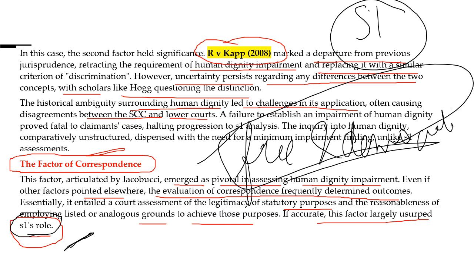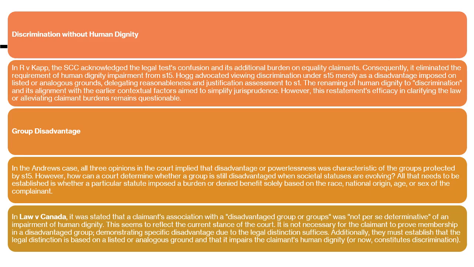If any such step is justified by Section 1, then there is no need to take the human dignity impairment concept separately. So finally, as I told you earlier, R versus Kapp ended this controversy and said that discrimination without human dignity is good to go for the legal test analysis of Section 15.